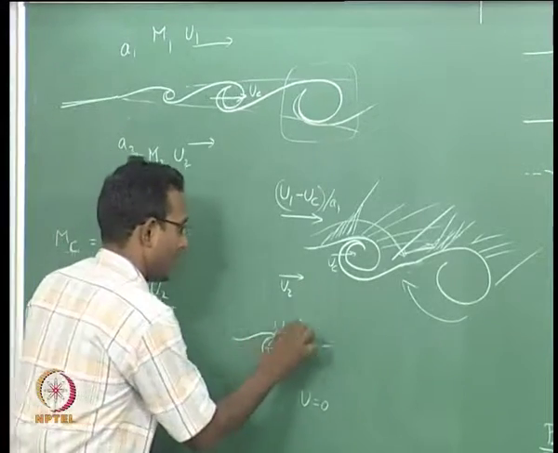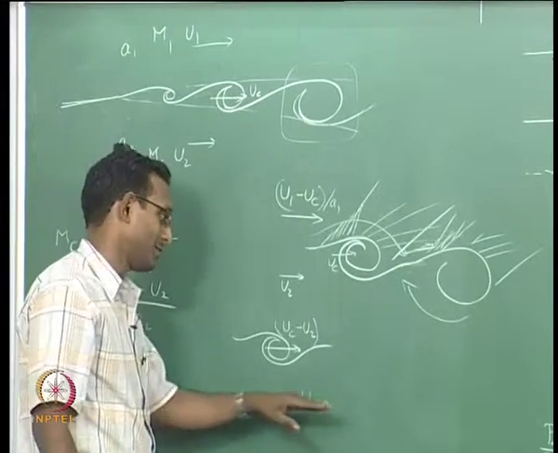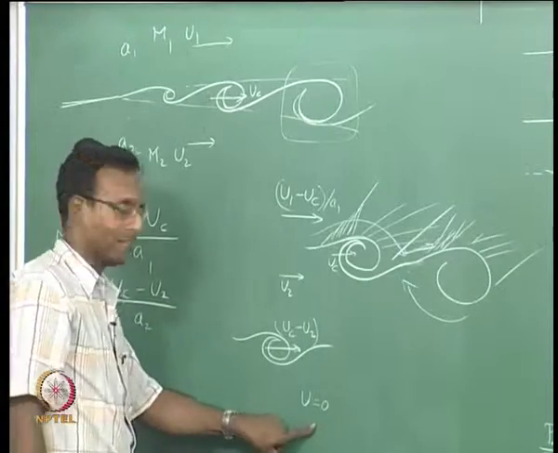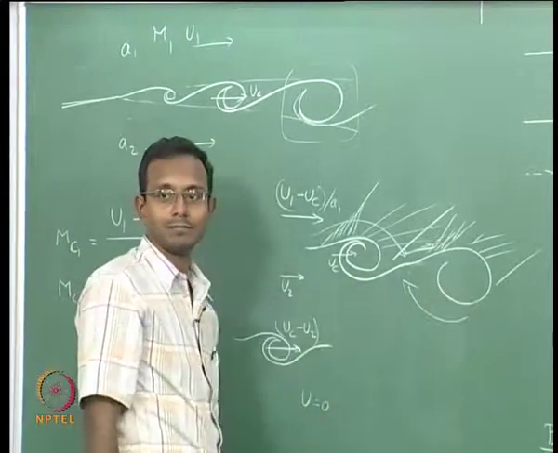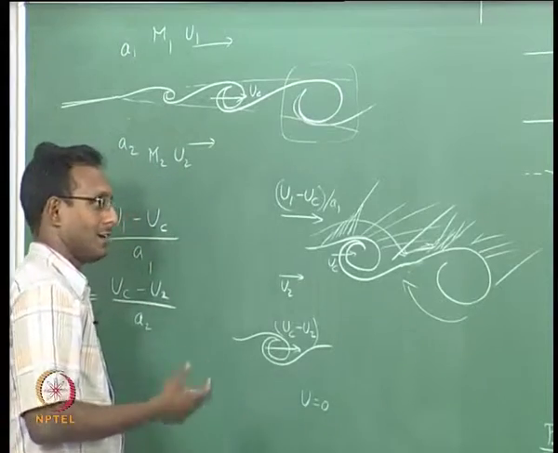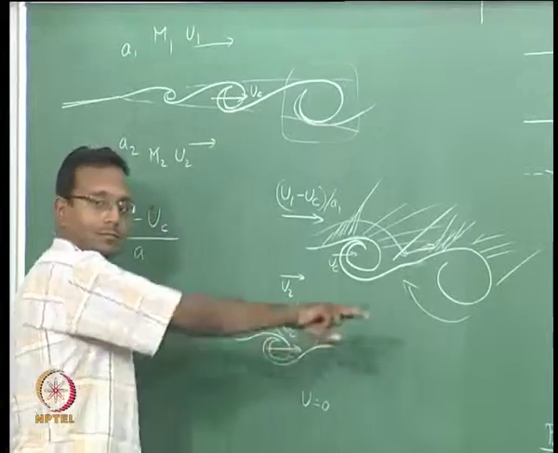It is as if I sit on this fluid, which is actually travelling at U2 velocity, I will see that this structure is travelling faster than it, which means it is like an aircraft travelling in supersonic flow this way.